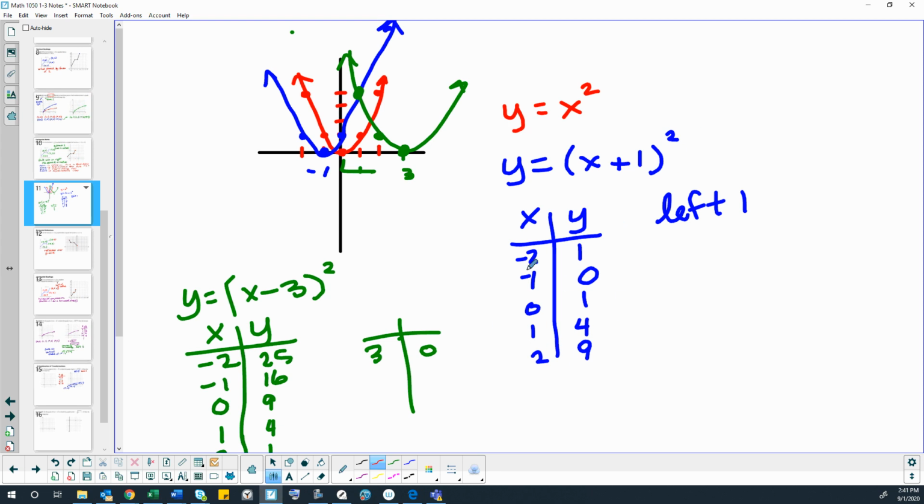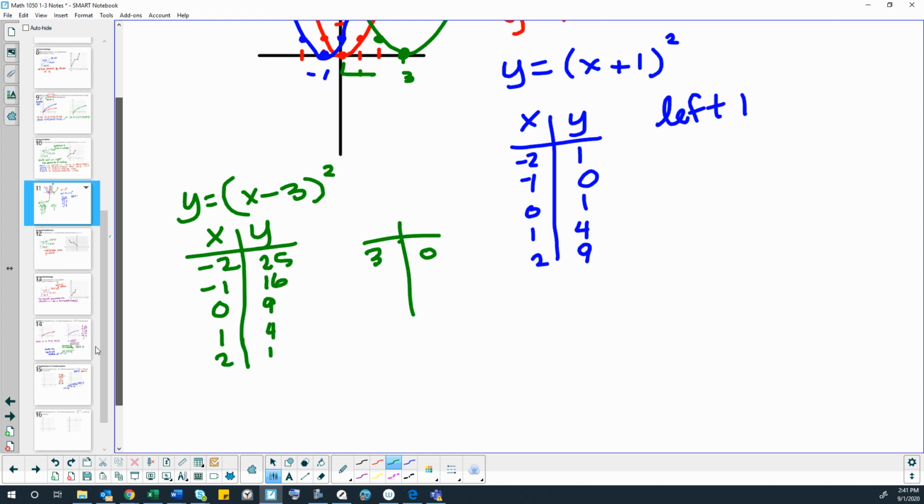So when we went through and graphed these points, we ended up getting this parabola here, which is moved to the left one, even though it has a +1. Then in the green one, I did a -3, and I did exactly the same thing otherwise, taking the numbers from -2 to 2 and plugging those in.